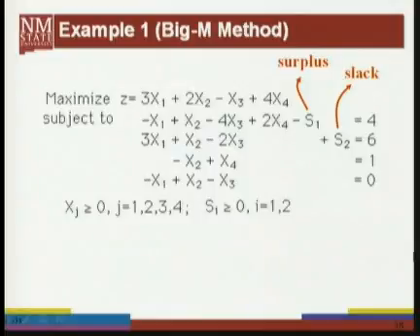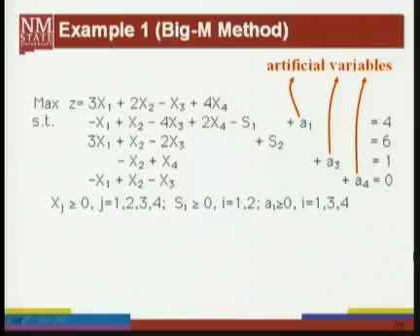Add slack variable or subtract surplus variable to convert inequalities to equation, right? And in that case, we can use negative e and s2 as basic variables in the objective row and the second constraint. And other constraints need artificial variable, right? So here, A1, A3, and A4 are the artificial variables added. Okay?